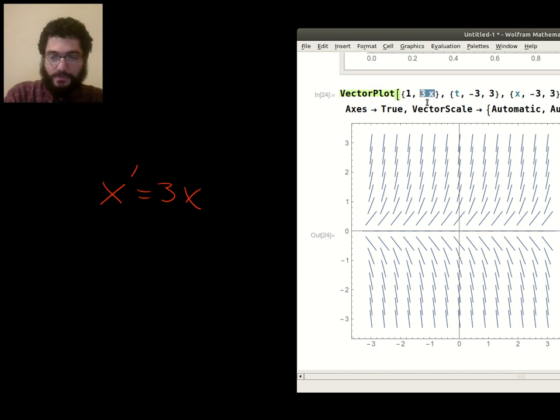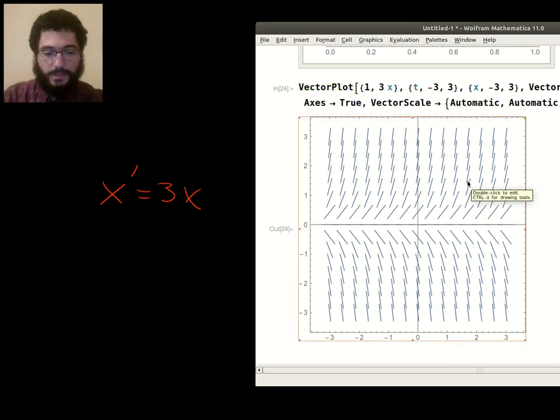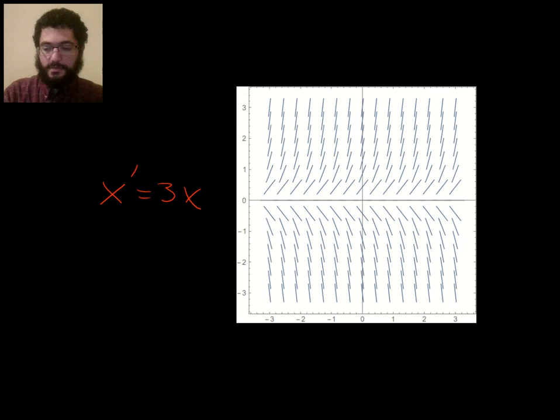So I only had to type 3x somewhere. I don't have to put anything having to do with exponentials. And you can see that if you try to follow these curves and draw one curve that flows along these line segments, then it's going to look like an exponential growth. Kind of like this.